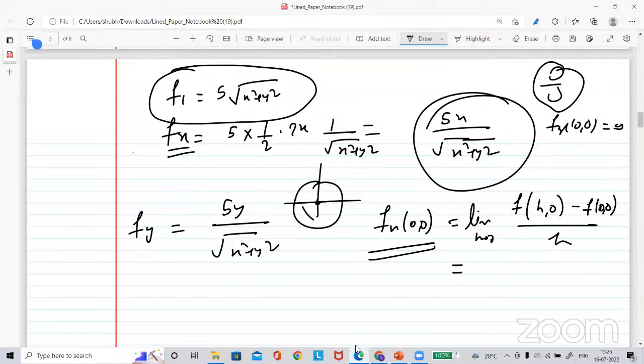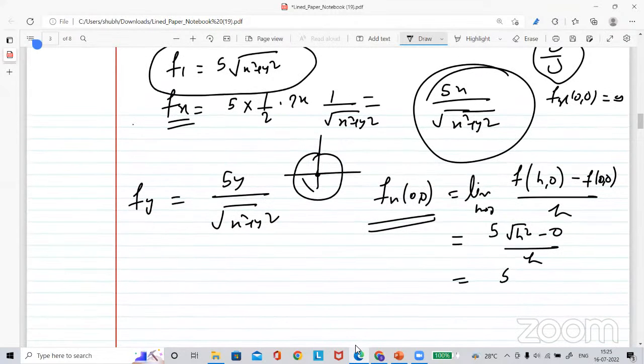So the partial derivative with respect to x at 0 0 is this one. Now the value of the function at 0 is 0, and f of h 0 is going to be 5 root over h square, minus 0, upon h. This is going to be 5 mod h upon h.